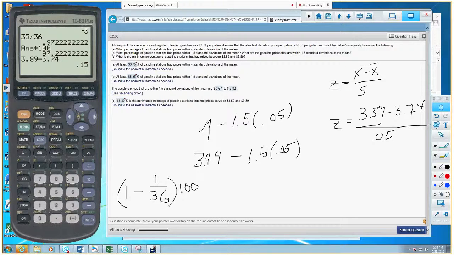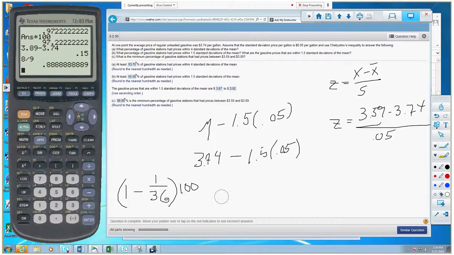Let's do 8 divided by 9. That's it, I'm sorry. 3 standard deviations. I did 6. So it's not 6 squared, it's 3 squared. My bad. So that would be 3 squared. And that will give you the 88.9 right there, which is the answer here.